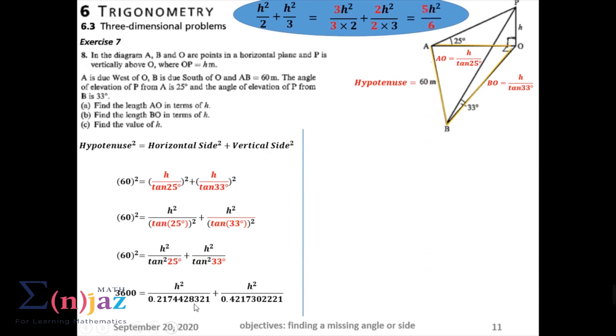If we apply the exact same thing here, the first fraction, we're going to multiply it by 0.422. And the second fraction, we're going to multiply it by 0.217. And the common denominator is multiplying the two denominators by each other. So 0.217 times 0.422.